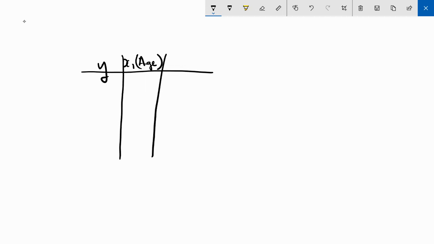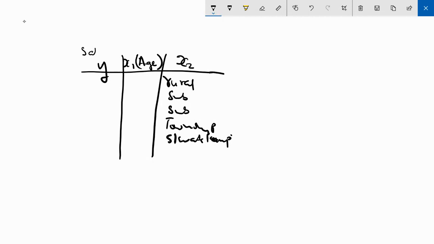It was rural, suburb, township, and squatter camp. So this is x2, or what do you call it? This is the location, isn't it?